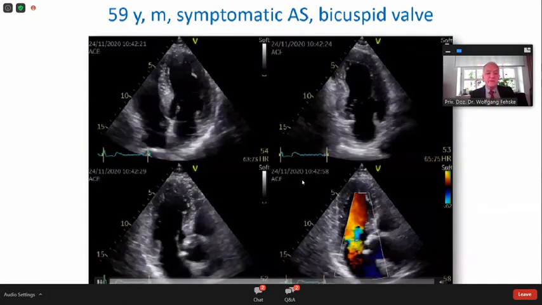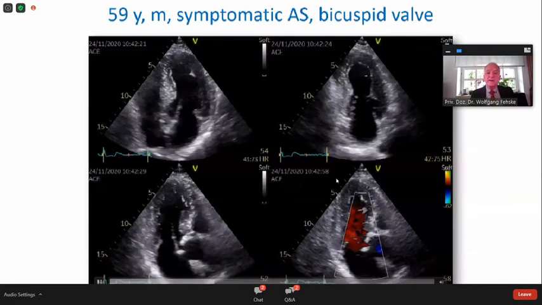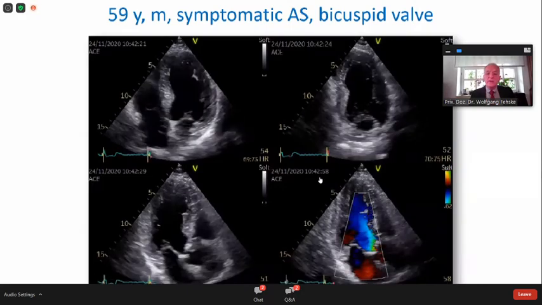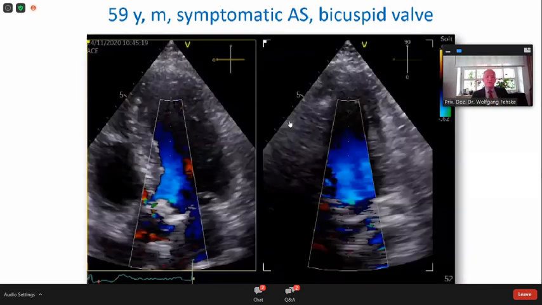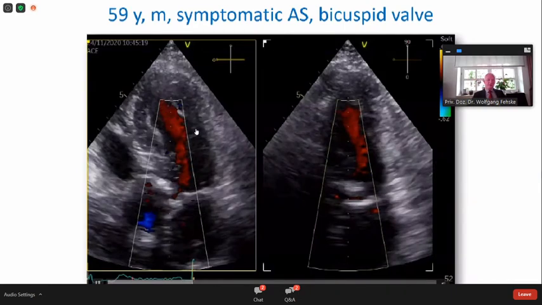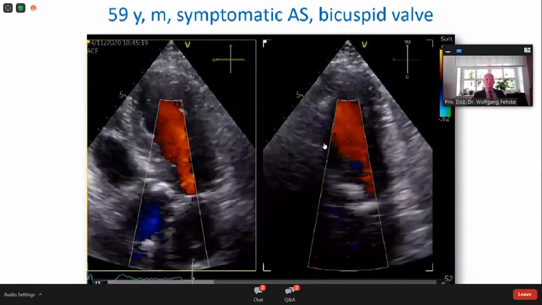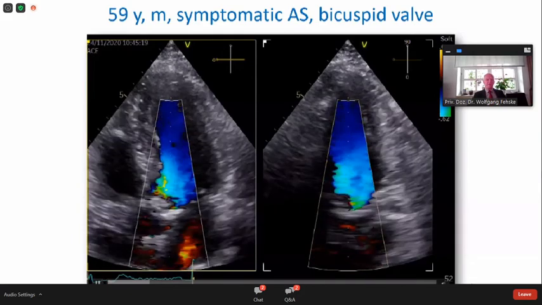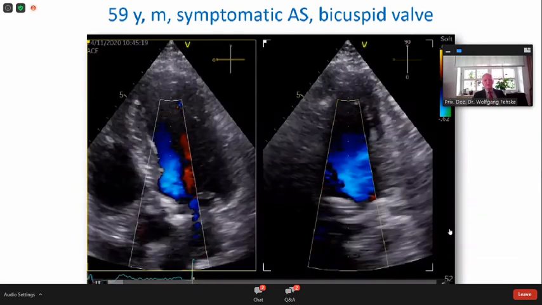You see here a patient with a bicuspid valve, severely symptomatic, and I go over to the next. What we do, and what you should do in all these patients, is, if you have a 3D transducer, it's wonderful. Otherwise, you should take both planes, the 5-chamber view and the long axis.